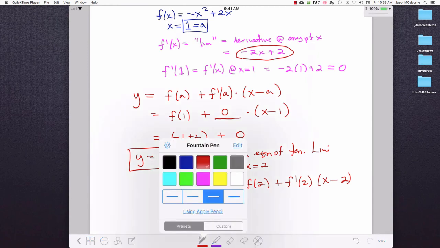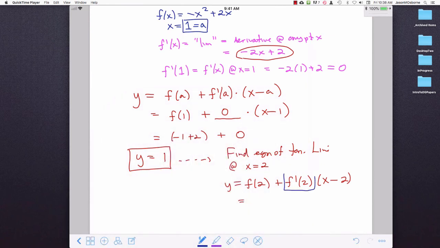So technically all we need to do now is take f prime of x, which is negative 2x plus 2, and evaluate that at x equals 2. So the slope of our line at 2 is negative 2 times 2 plus 2, which is negative 2. That's the slope of the line at x equals 2.